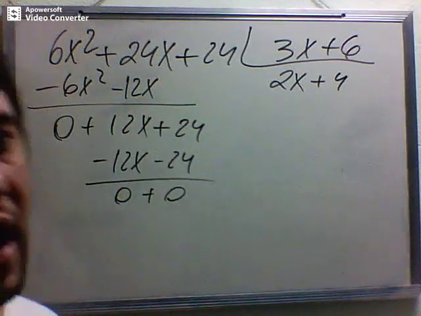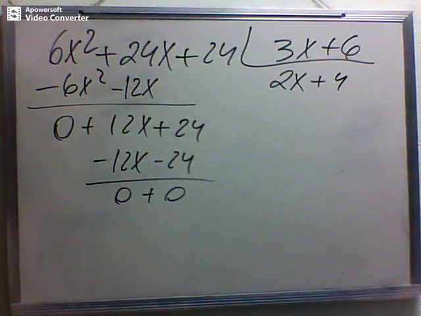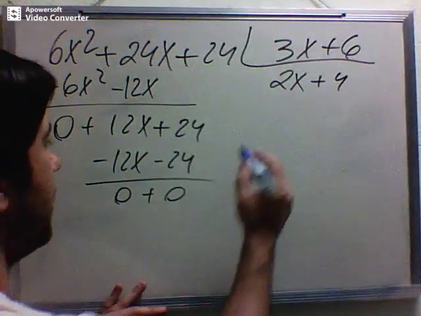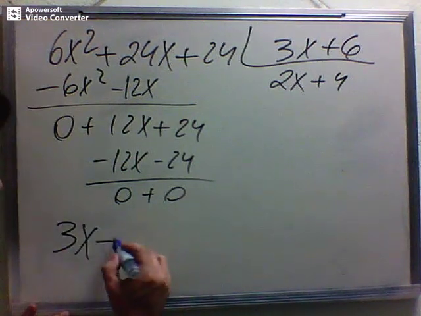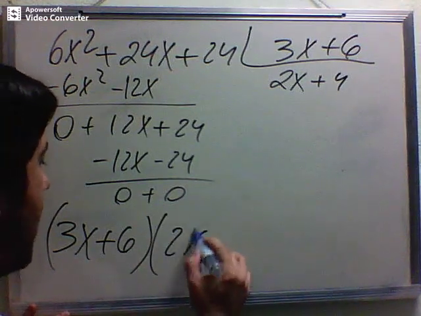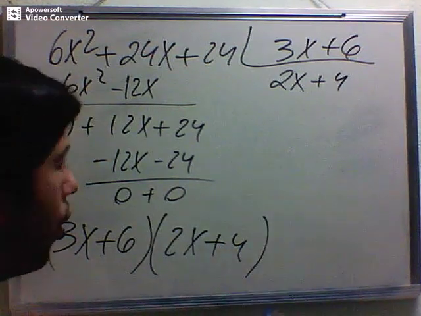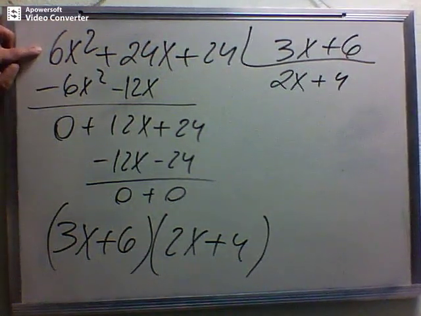So we have calculated this figure here, and what we want to prove now is that if we multiply 3x plus 6 by 2x plus 4, what we get is this.